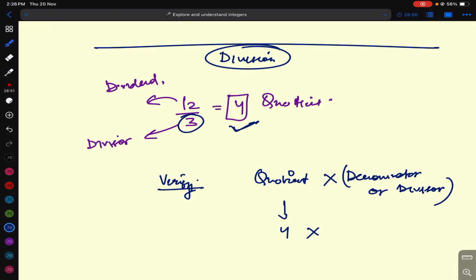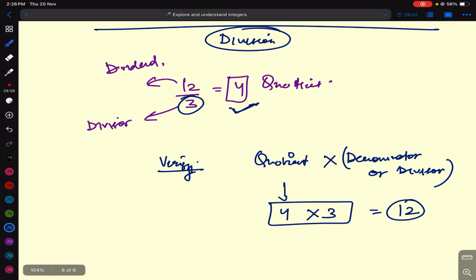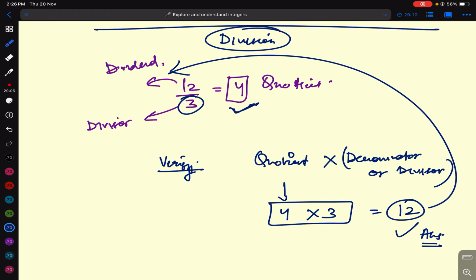What is the denominator or divisor here? 3. So what do I get? 12. Wasn't 12 the dividend in the first place? Yes. So 12 is what is coming from the dividend. This exactly verifies that the division that we performed and the 4 that we got is perfectly correct. So this is how you can verify.